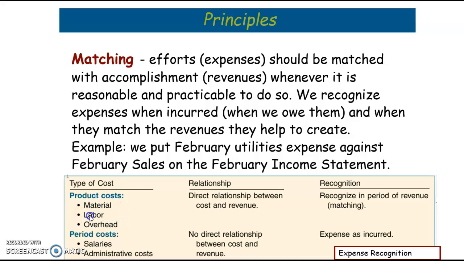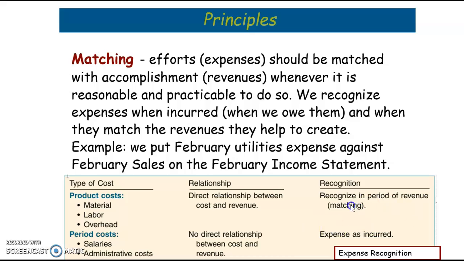And so the costs of the ones that are sold go in an account called cost of goods sold. That's an expense account, and it's matched against the sales of those exact same products. And so we have a direct relationship, okay? Those expenses are attached directly to the sales that they are part of.